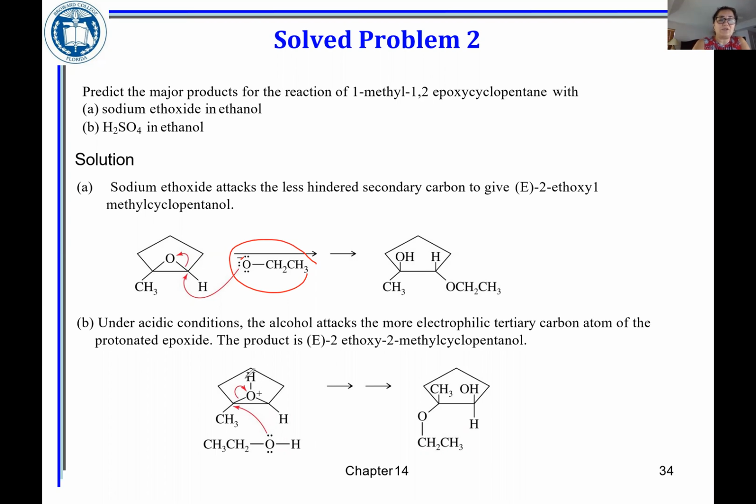When you bring acid, you are going to protonate the oxygen. And then when you protonate the oxygen, you have a plus charge that is going to move toward the highly substituted carbon. And as a result, the addition is going to happen on the highly substituted carbon. That's another good question for the exam, for the quiz.